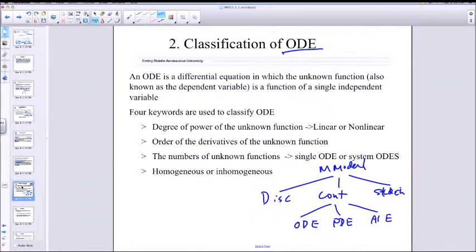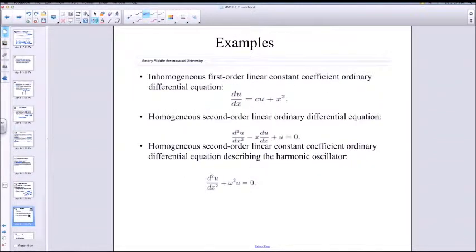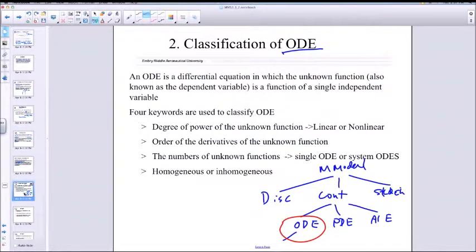And now we go down from here, from ODE, and ask what kind of models we have under ODE. Understanding the classification of ODE is the starting point for understanding ODE, because the organization of the course is always from the type and the method to match how to solve it.